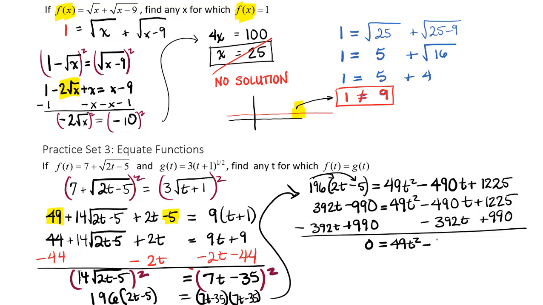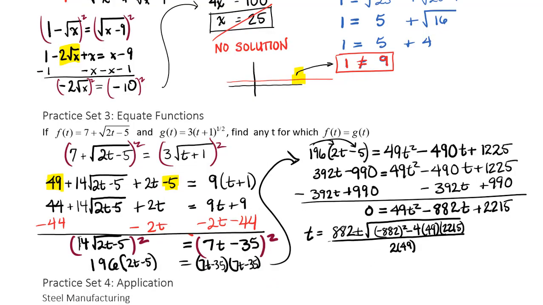So the middle term is negative 882t, and the last term is positive 2215. Now go ahead and pause the video and use the quadratic formula to find the solutions.